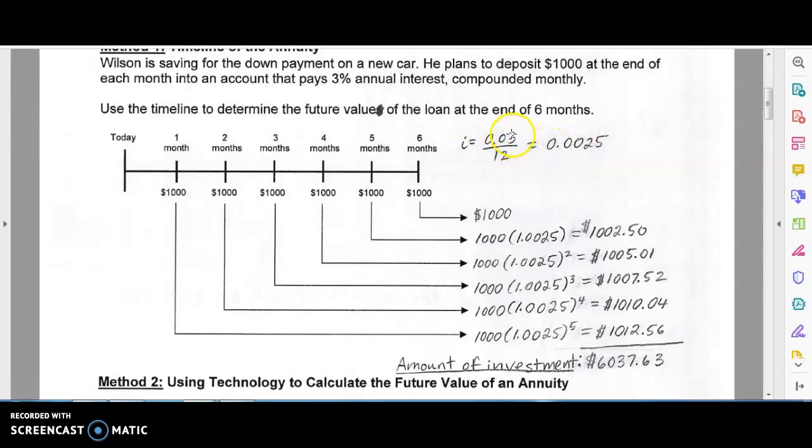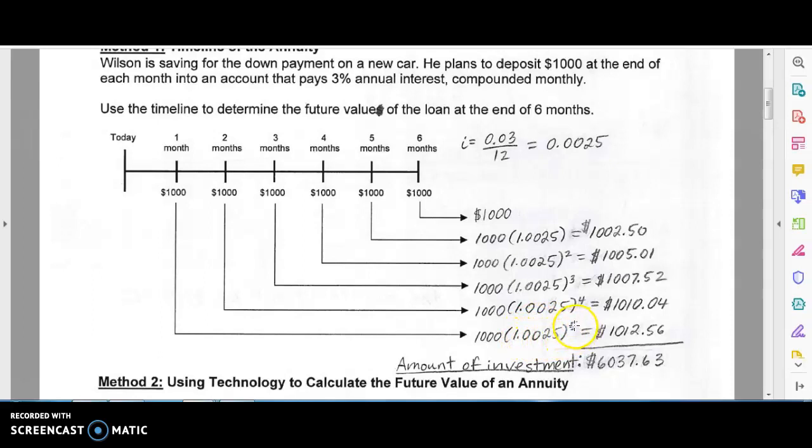So the i is the interest rate, the 3% in the numerator, divided by how many times it's compounded in a year. Because this question says compounded monthly, that means interest is compounded or applied 12 times in a year. So for our i value, we take the 3% and divide it by 12, which gives us 0.0025. So in this bracket, 0.0025 is what this is.